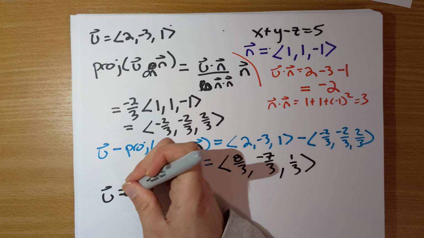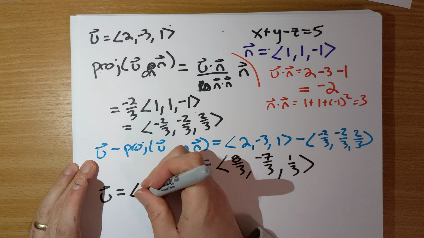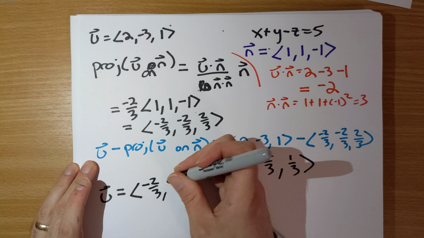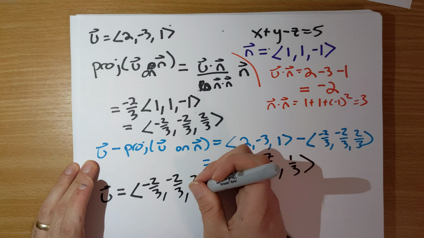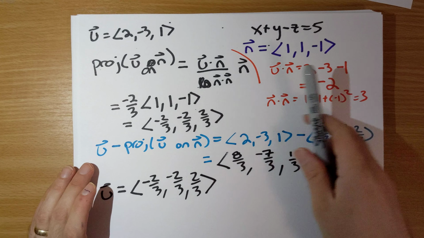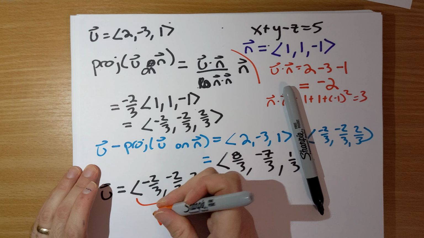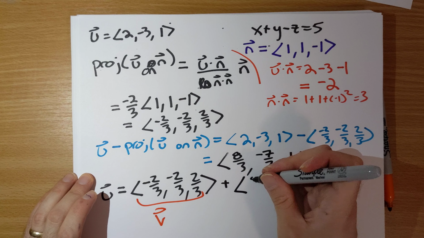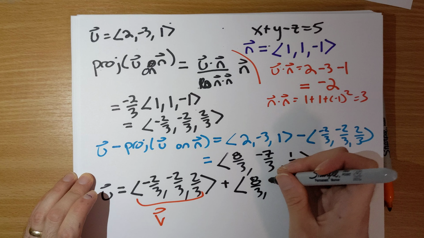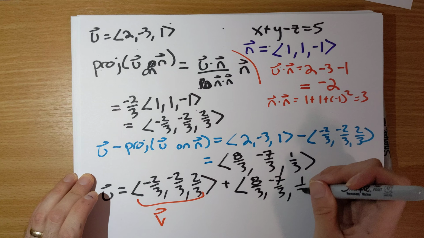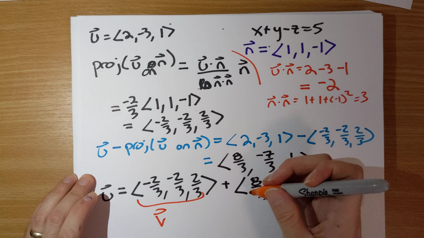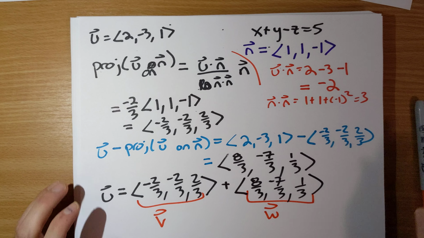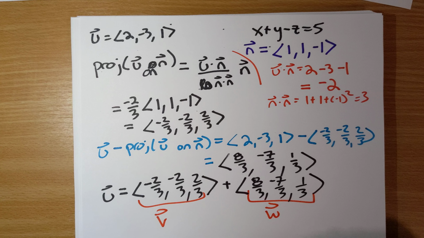So u is equal to v, ⟨-2/3, -2/3, 2/3⟩. This is the v that is perpendicular to the plane, plus ⟨8/3, -7/3, 1/3⟩. This is the w that's parallel to the plane.